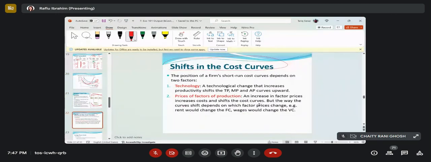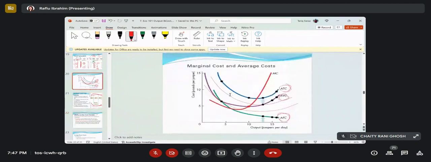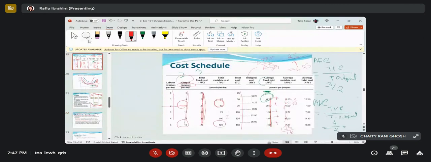The second factor is price of factors of production. So an increase in factor prices increases cost and shifts the cost curve. So if I go back, এখানে আমাদের if you look at this table, তাহলে ওয়ার্কারদের per unit cost ছিল 25, right? So if there is an increase in cost, so say 25 now, or if that is 30, তার মানে হচ্ছে আমাদের এই যে average variable cost আছে that's now gonna change.